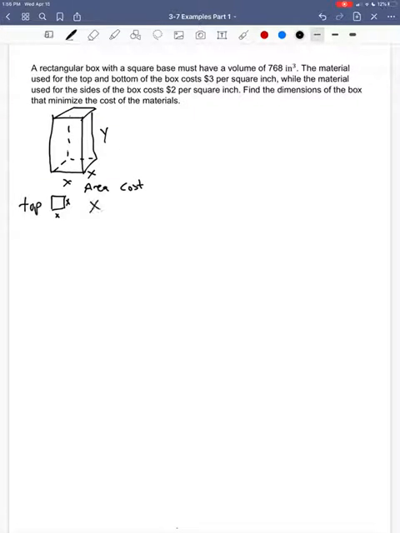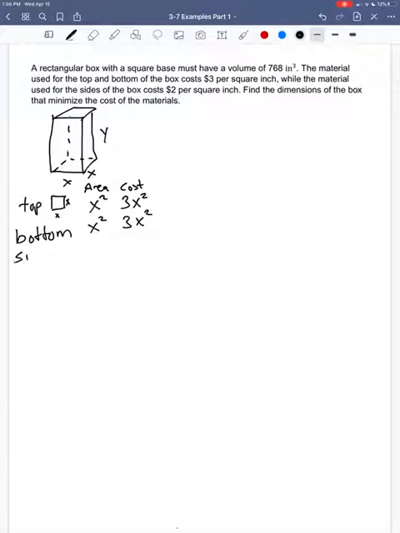So the area would be x squared, and then the cost, it says the top and bottom cost $3 per square inch. So I'm going to have to multiply the area by 3. The bottom, of course, is exactly the same. So it's still going to be x squared and 3x squared for a cost.